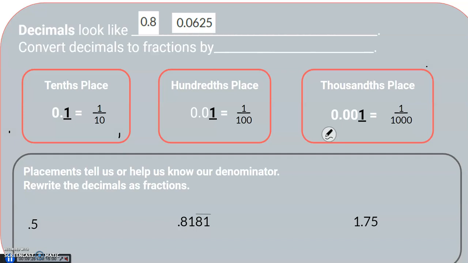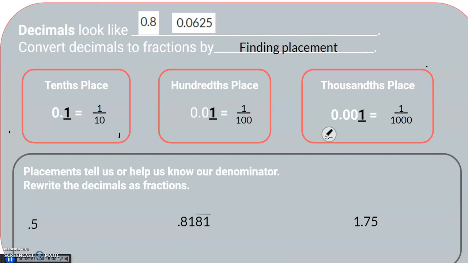So 2 examples of what a decimal looks like. And now we're going to convert decimals to fractions by finding our placement. So there's special names for each place right of the period or the decimal point. The first spot is called the tenths place.